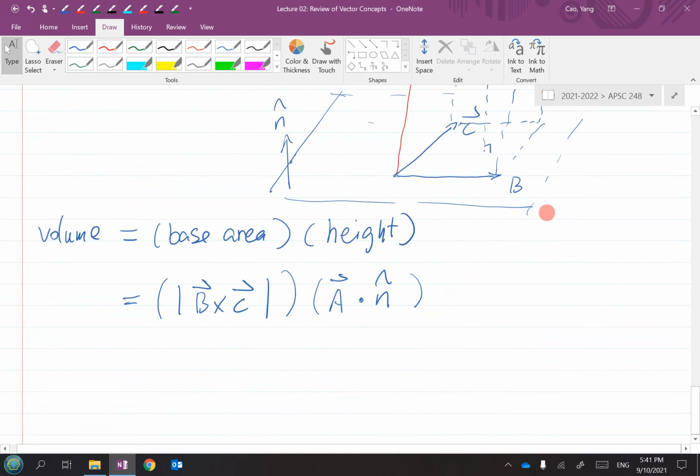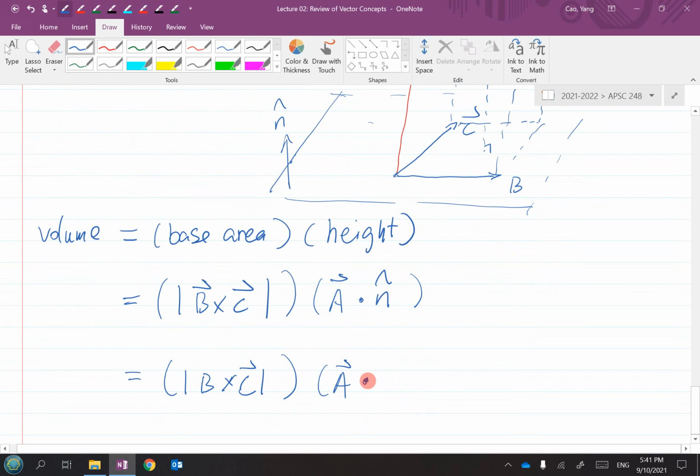Excellent. Of course, you don't want to keep n hat here, because it has nothing to do with A, B, C. We want to transform everything into A, B, C. So let's see how we can get n hat. We know exactly what n hat is: a unit vector normal to the plane.